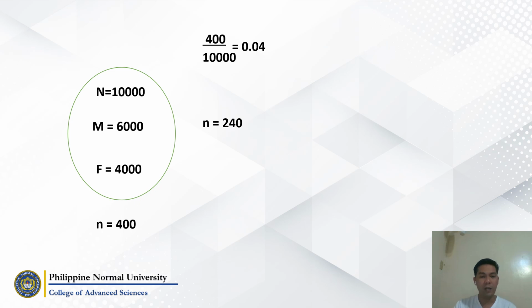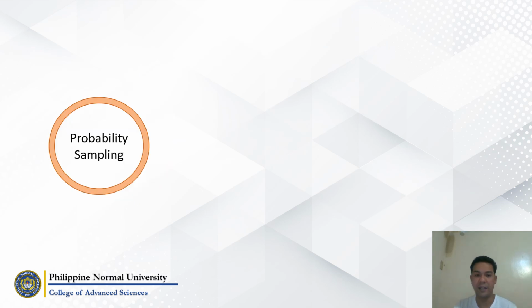So we are going to identify the target sample for the male, and that is equivalent to 240, whereas for the female, it is equivalent to 160, considering the 4% of 6,000 and the 4% of 4,000. When you add the two, then it will still be equal to 400.